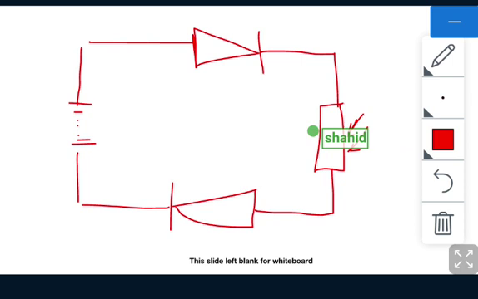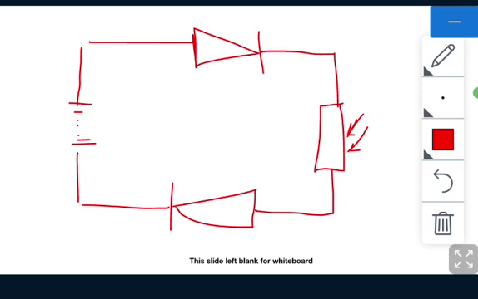No, since they are all connected in series, it will not have any impact.